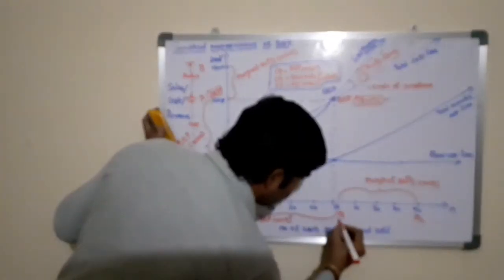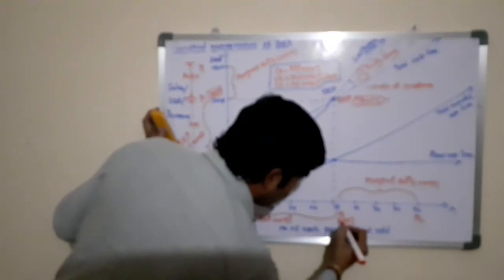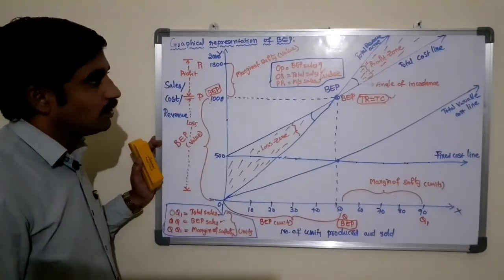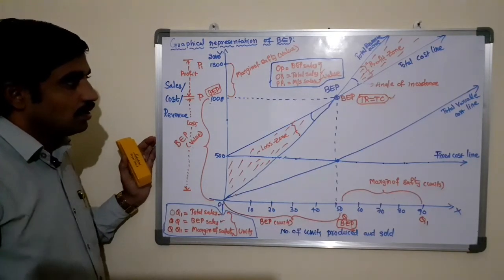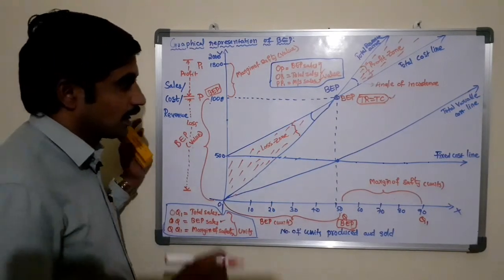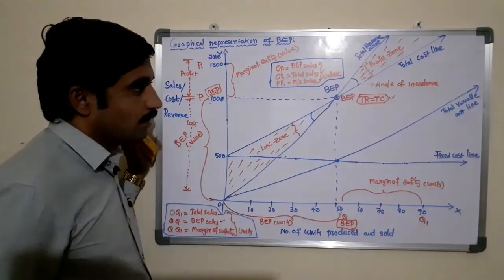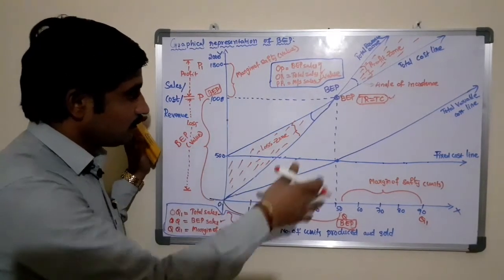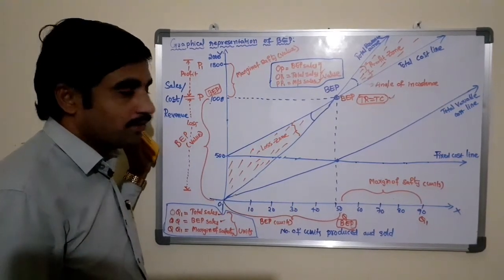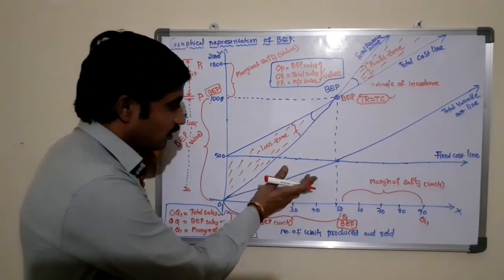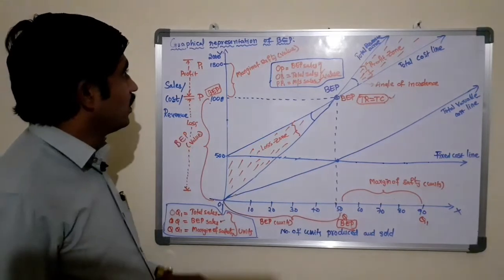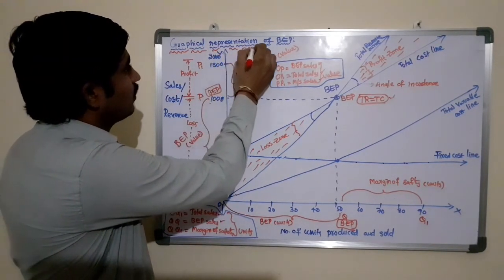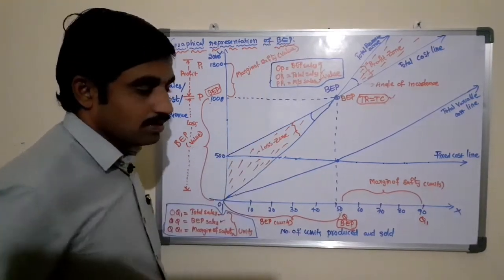At Q break even point in terms of units. So this is the process of constructing the break even chart, and also the process of explanation of the break even chart. So totally it is called as graphical representation of break even point.